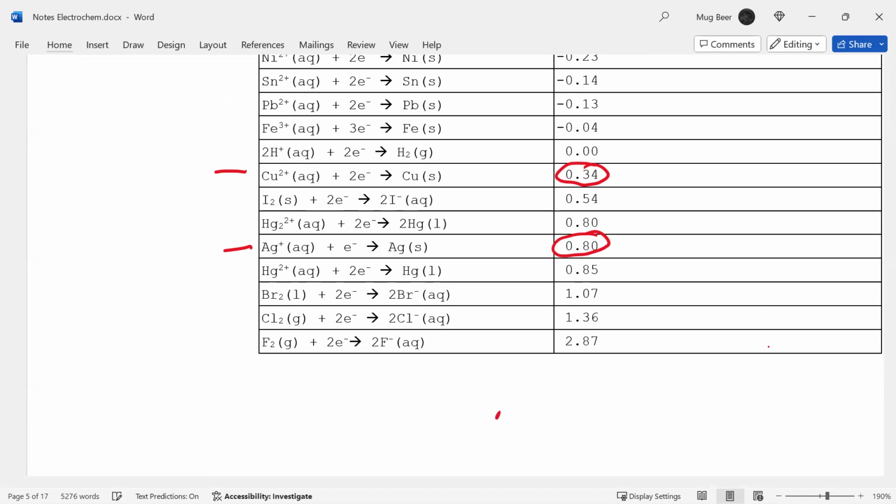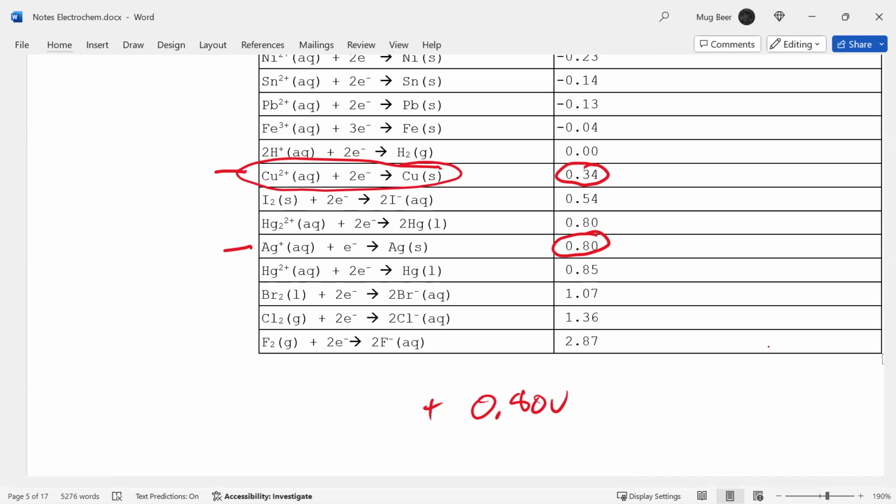So that's going to give us 0.8 volts of electricity. It wants to gain that electron because silver is a metal that doesn't want to lose electrons. So if it's lost electrons, it wants them back. Well, copper is also one of those metals that doesn't want to lose electrons. But in this case, the copper isn't gaining electrons. So this reaction is written backwards, right?